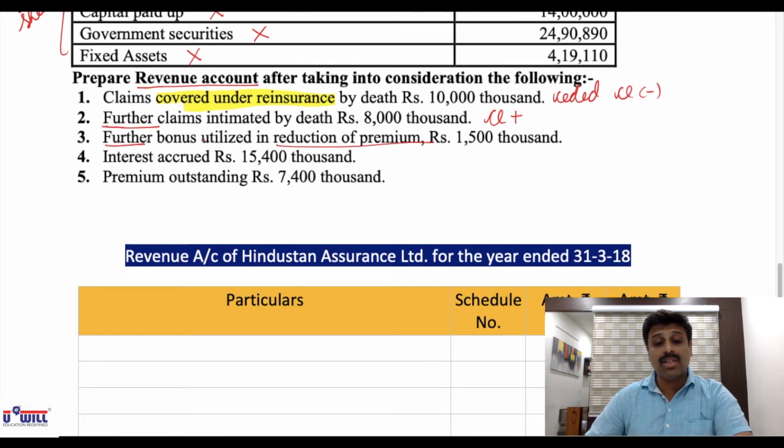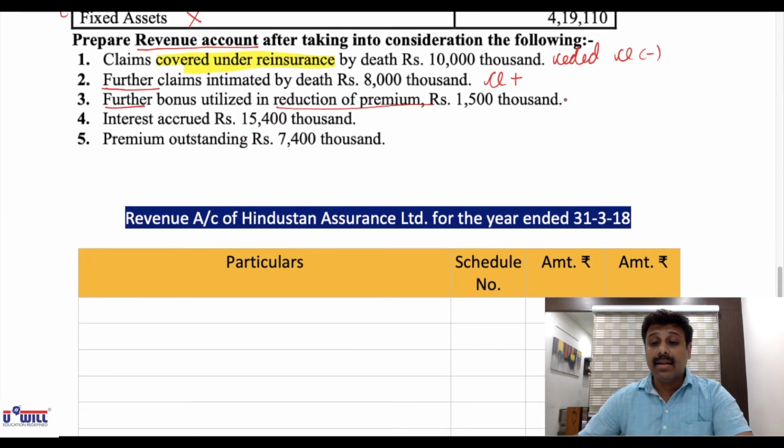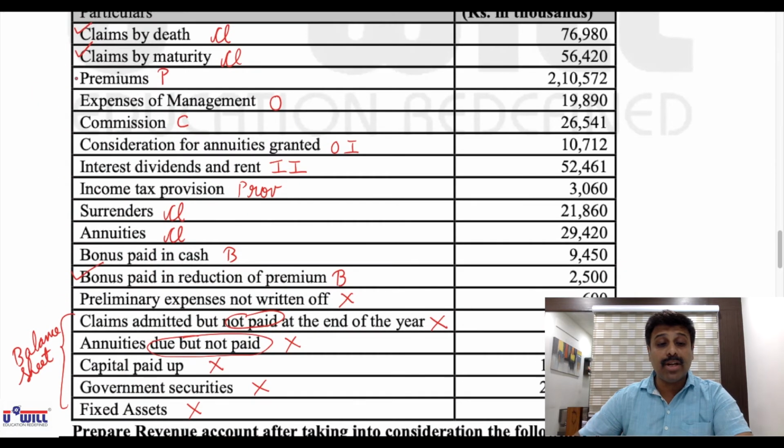Again, further, bonus utilized in reduction of premium 1500,000. I told you, if bonus in reduction of premium is given in the trial balance, single effect, but in adjustment it will have two effects. We'll show it in bonus also, and we will add it in premium income also. So put a tick on bonus as well as a tick on premium income.